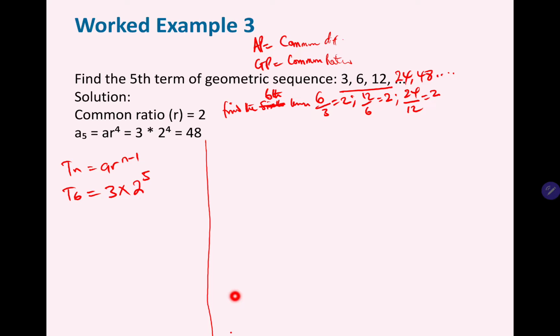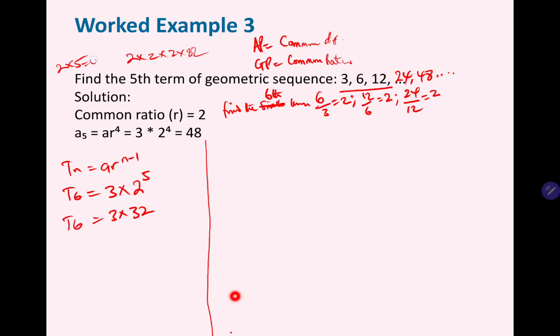So 2 raised to the power 5 should be 32, so 3 times 32. 2 raised to the power 5 is the same thing as 2 times 2 times 2 times 2 times 2, 5 times. It is different from 2 times 5, which is 10.